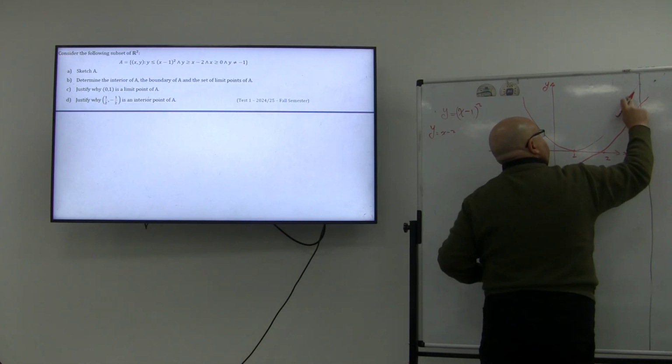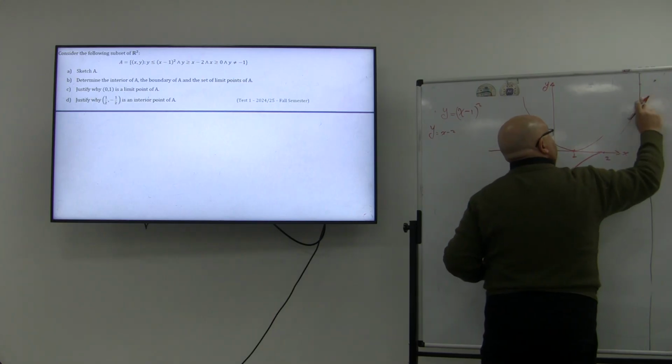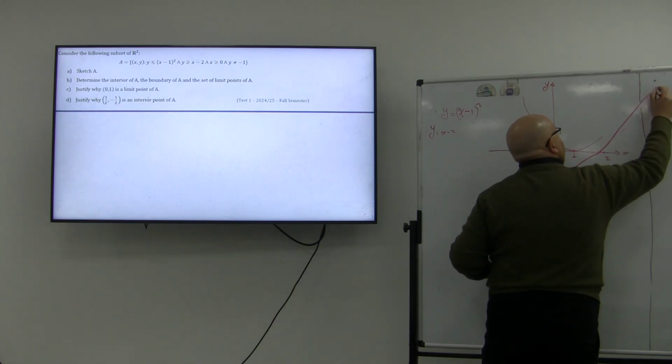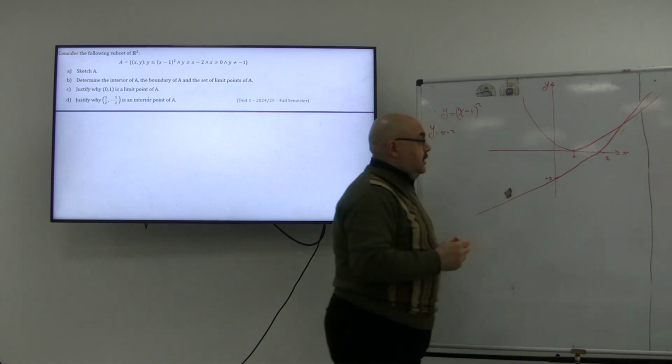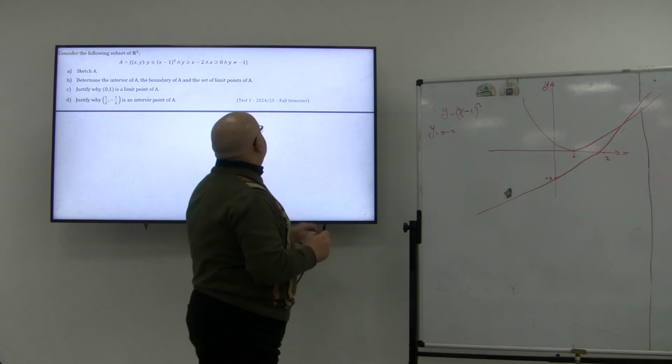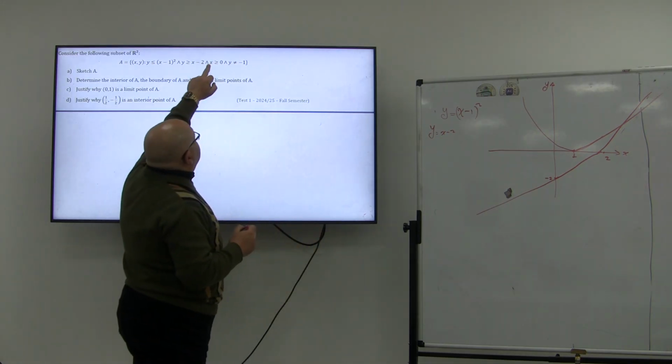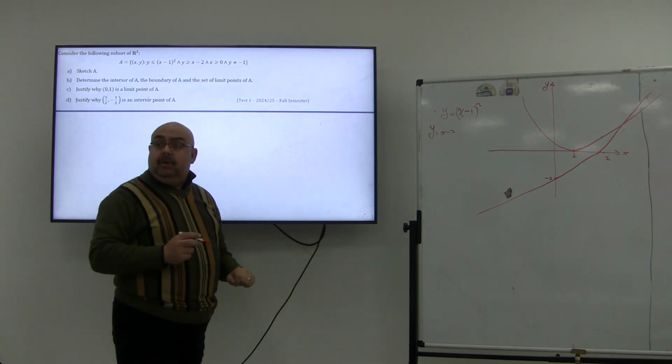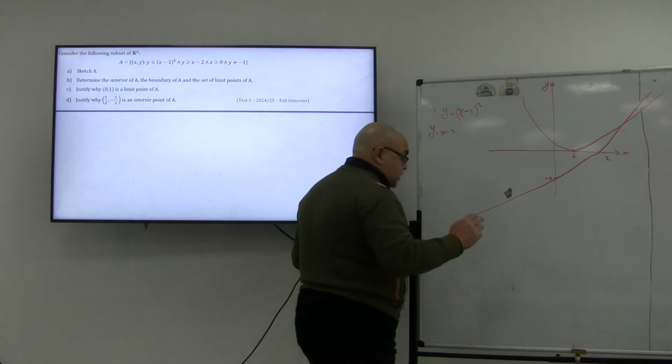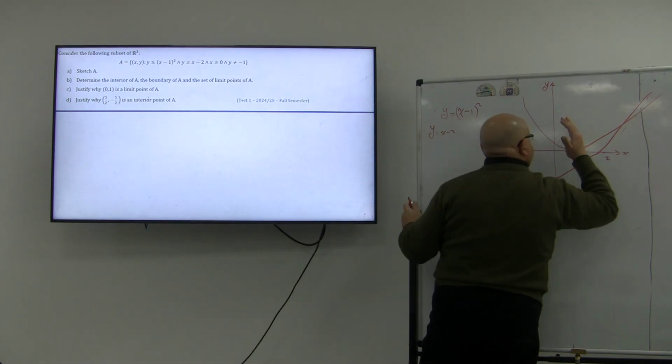And of course, they are going to cut each other. That's the line, and that's the curve. So they will cut each other, as you can see. And remark that x is greater than or equal to 0, which means I'm interested in the positive x part.